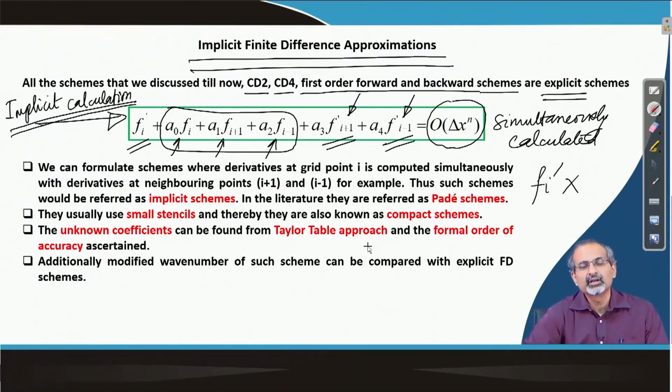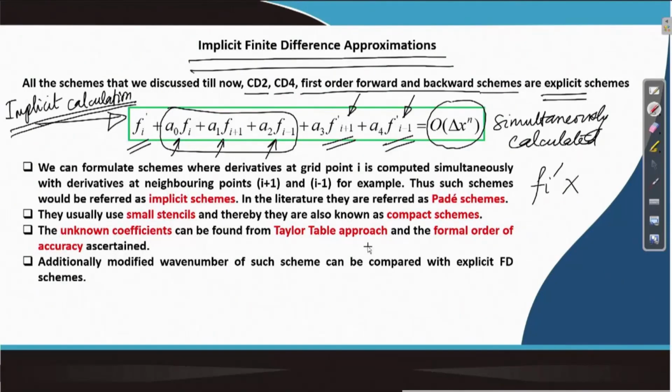And therefore, there would be a system of linear algebraic equations which will come out in the process, and then you would need to solve the system of linear algebraic equations to obtain these derivatives at the different grid points simultaneously.